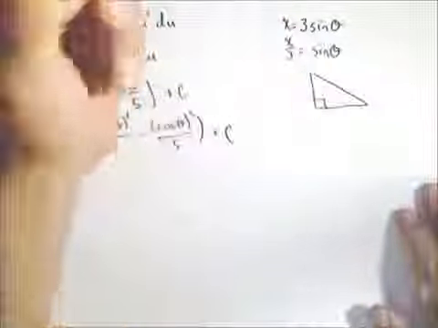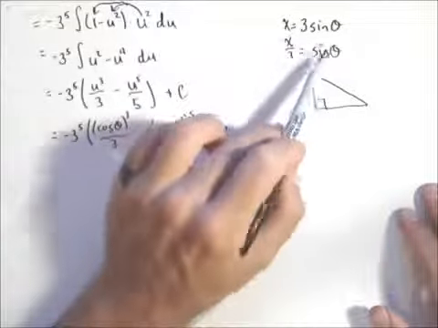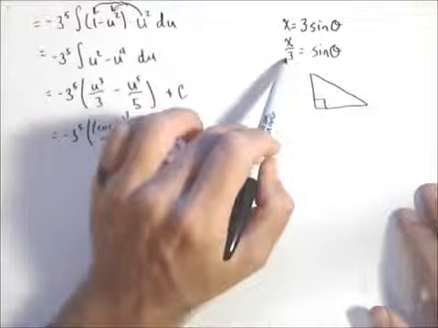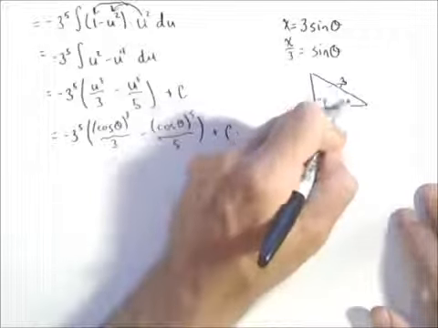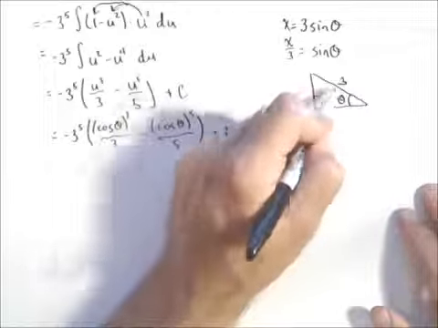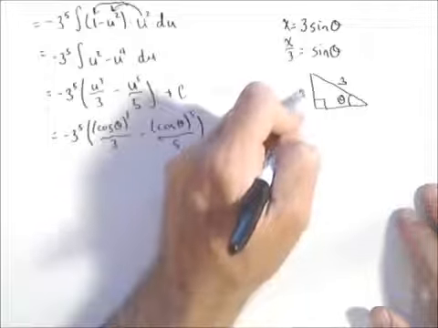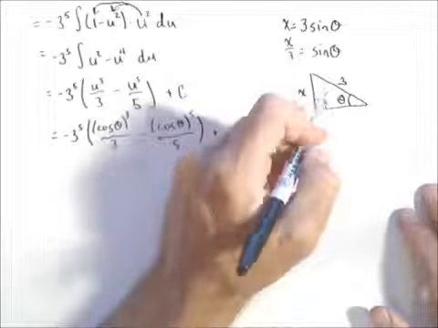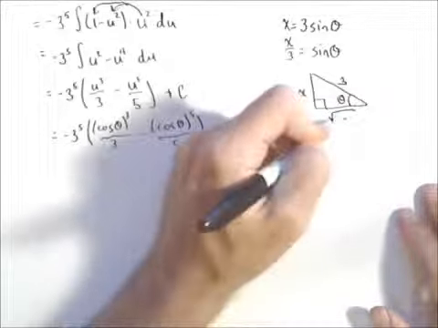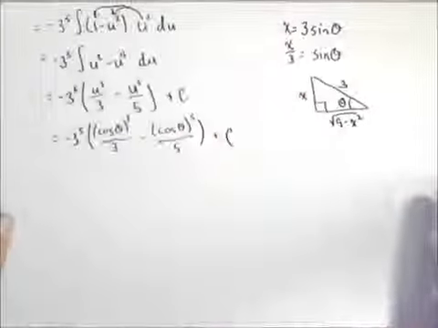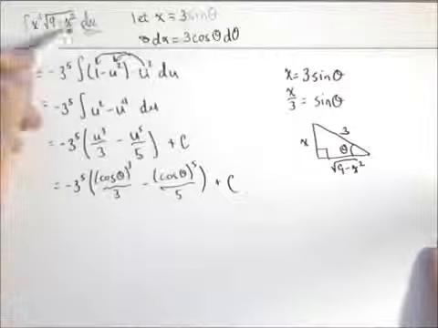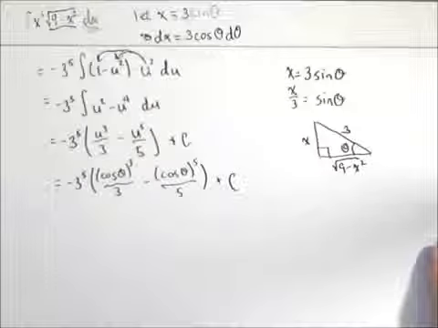You'll see that the Pythagorean identity comes out of this anyways. Sine theta is the opposite over the hypotenuse. So 3, and if we decide to call this angle here theta, the opposite's over here. So that's x. So using the Pythagorean theorem, this is the square root of 9 minus x squared, which, if you remember our original integral, looks pretty familiar.